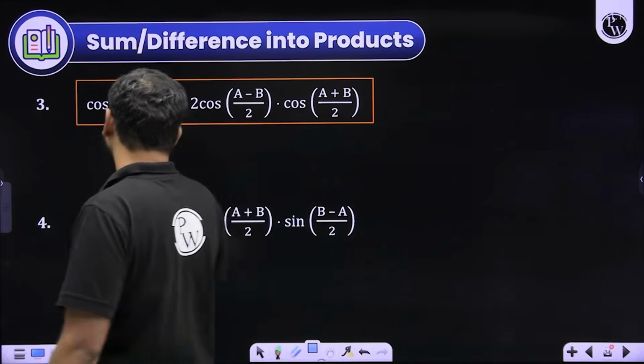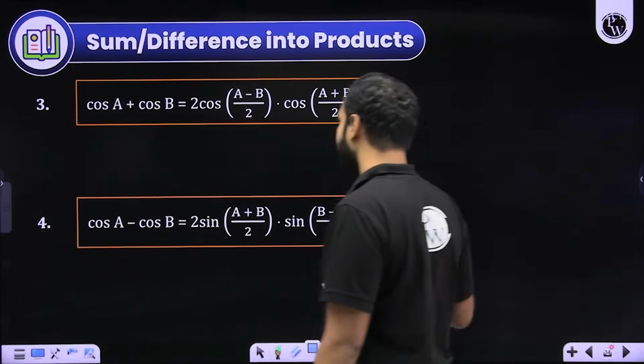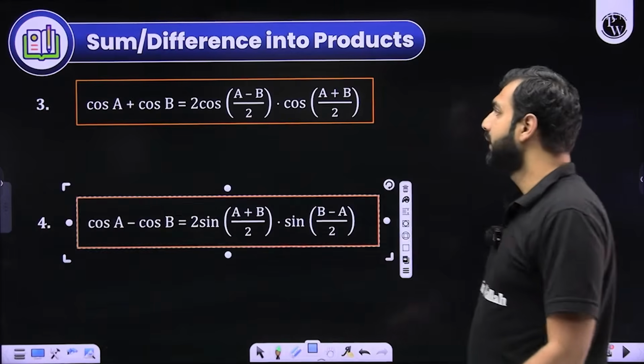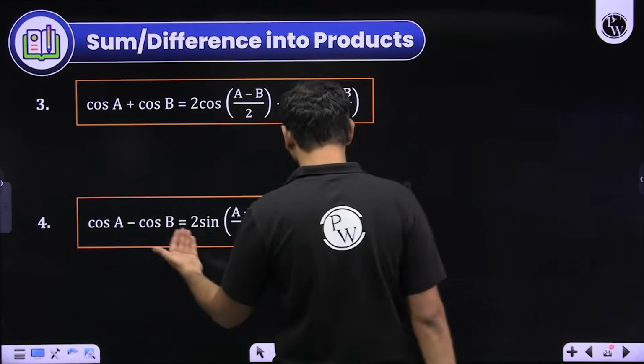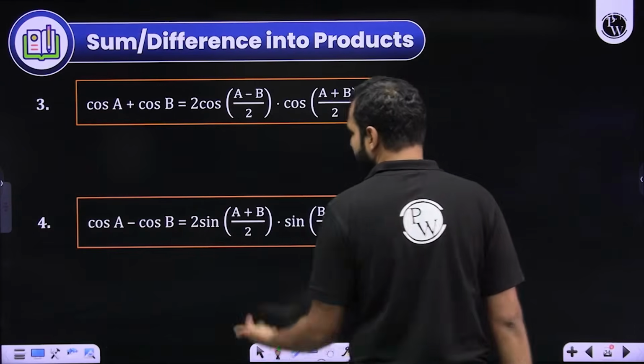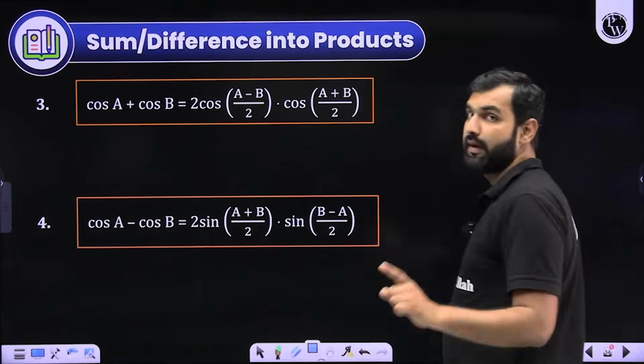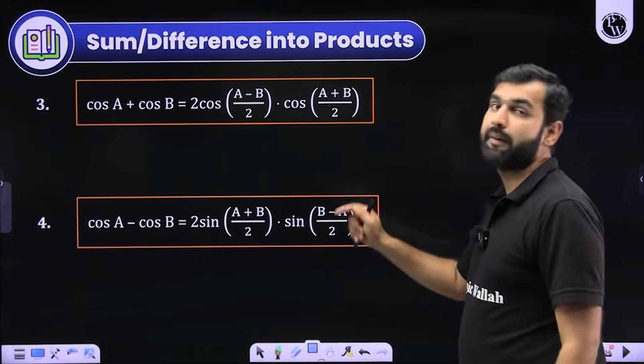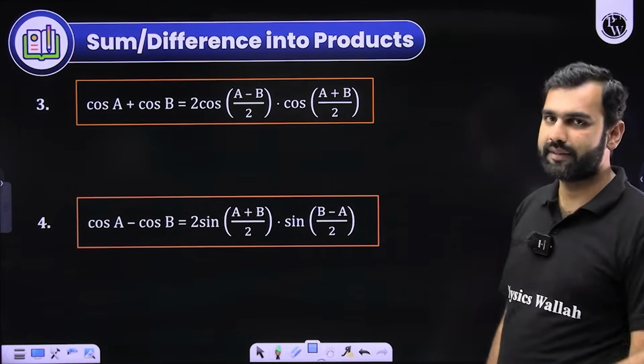Now, let's talk about this particular formula. This is a little tricky. Please remember this. Here, it is cos A - cos B. So this is written as 2 sin((A+B)/2) times sin((B-A)/2). That's the tricky part.